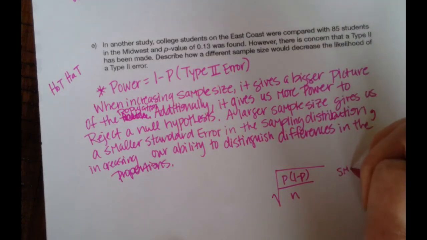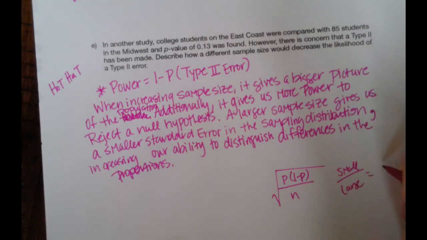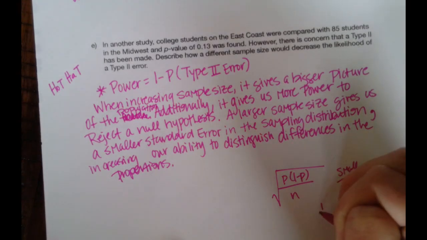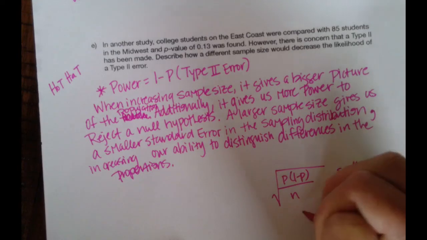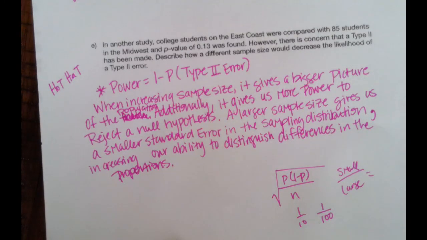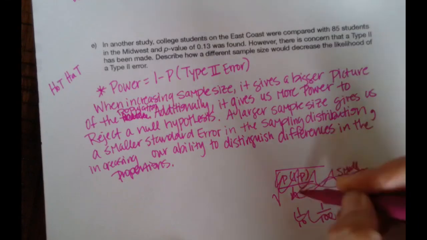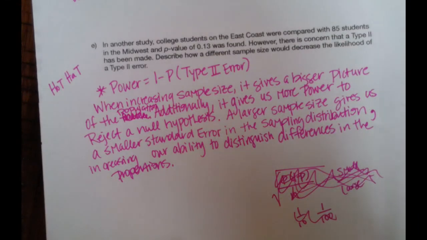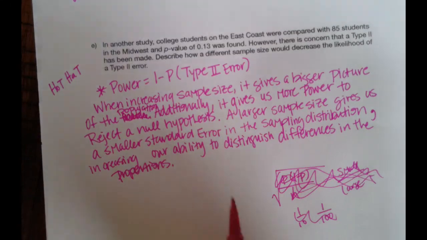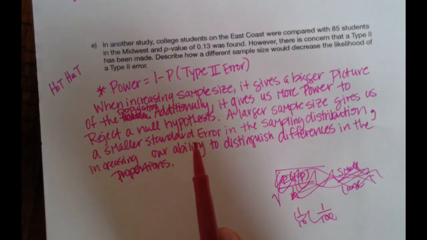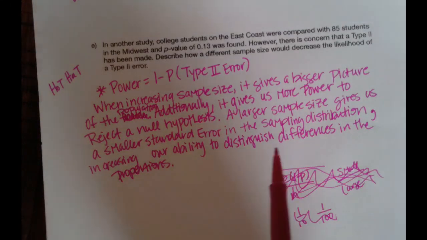If you got a large number here, this results in a really small number, meaning if it was like 1 over 100, that's a smaller number than if it's 1 over 10, okay? So your standard deviation or your standard error is going to be smaller also. So if you have less error, it's going to be easier to distinguish the differences.